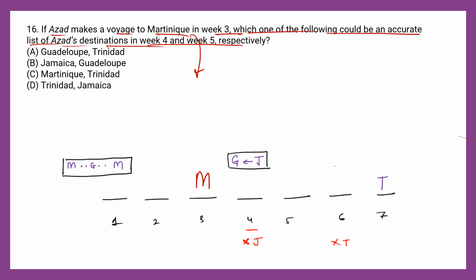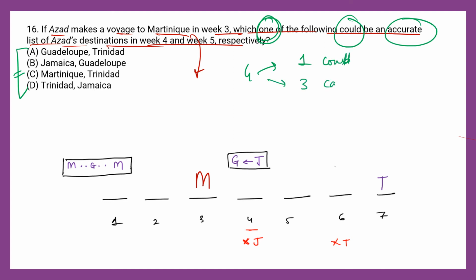Okay, so now you have 4 options, and out of these 4 options, only one of them could be an accurate list, which means that the other three cannot be possible.